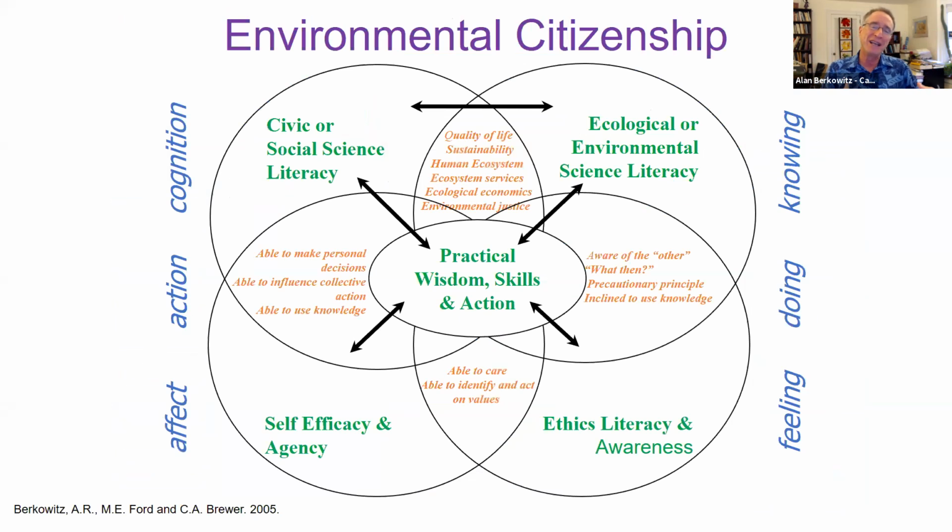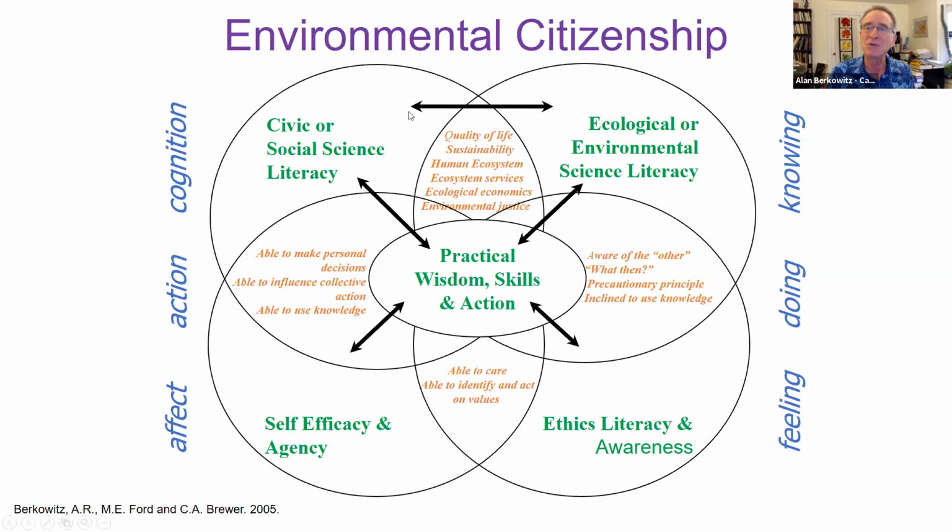So 4DEE comes from, in a lot of places, a personal anchoring of 4DE that I'll share with you: a model for environmental citizenship that Mary Ford, who's now at National Geographic, and Carol Brewer, who many of you might know, who went on to lead the Vision and Change process, and I came up with.